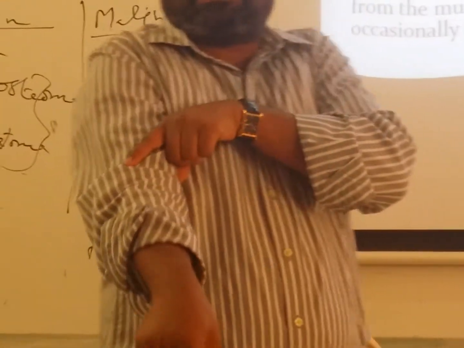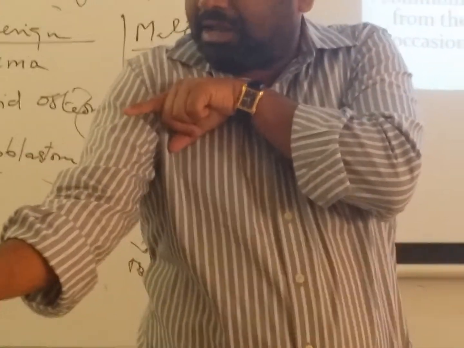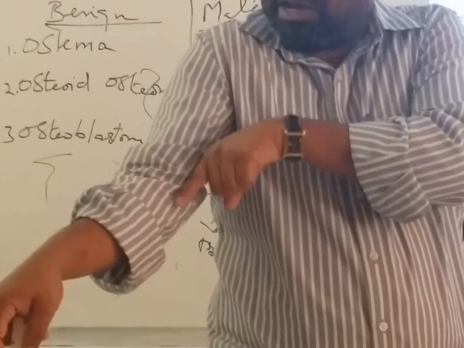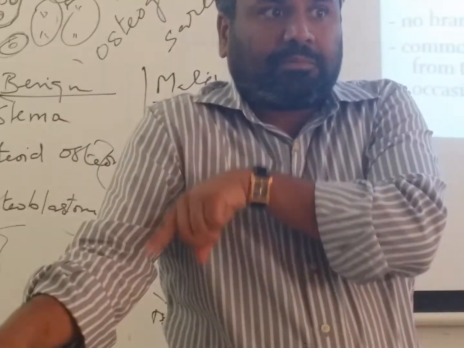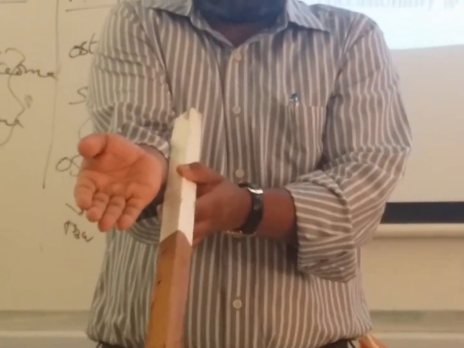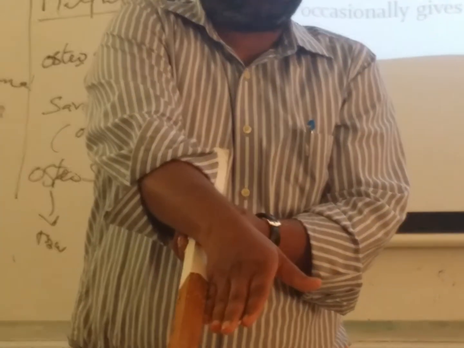Which nerve crosses the brachial artery? Median nerve, from lateral to medial side.